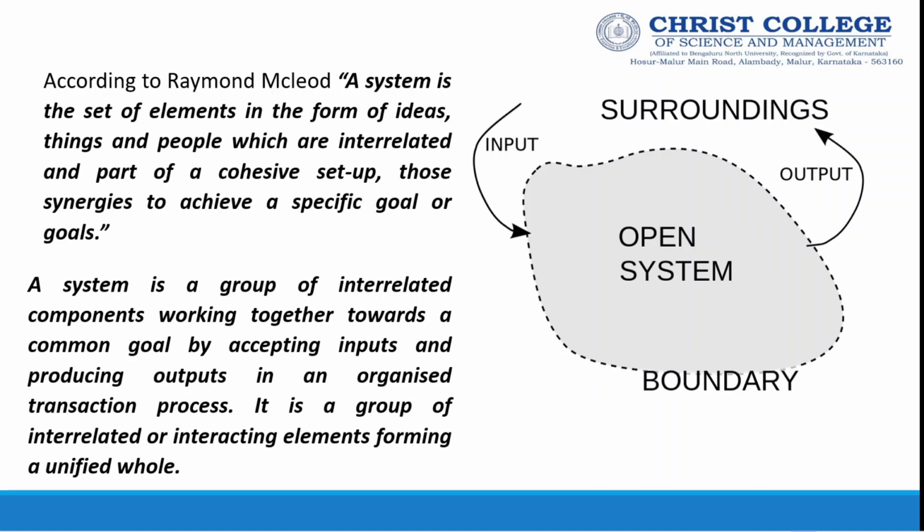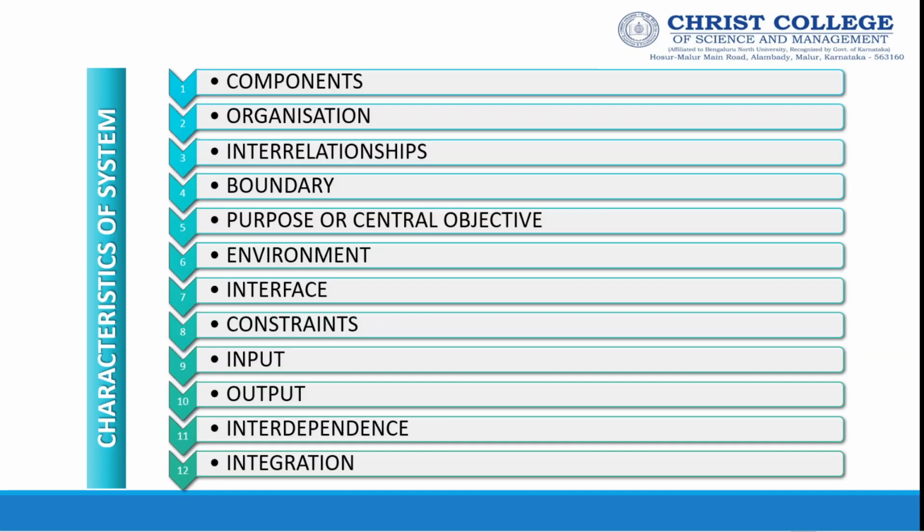Let's see the various characteristics of a system. The first characteristic of a system is components. Components are either an irreducible part or an aggregate of parts, also called a subsystem.